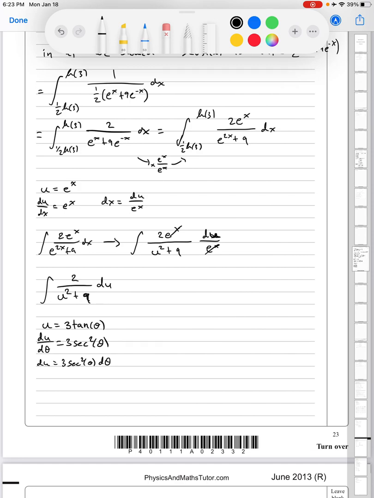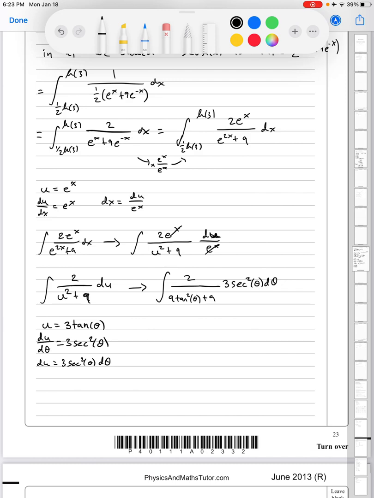And so if we plug that into the integral, this becomes the integral of 2 over 9 tan squared of theta plus 9, and then my du is just 3 secant squared theta d theta. So on the bottom, I get 9 secant squared.